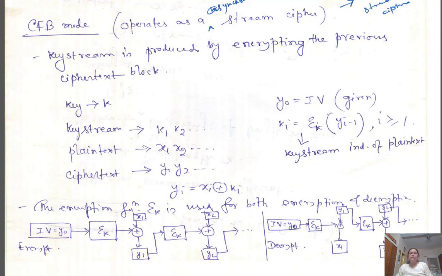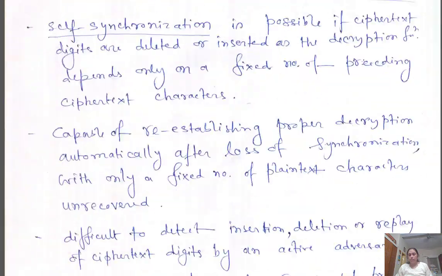In the general version of the self-synchronous stream cipher, we generate ki using T many previous values, yi minus 1, yi minus 2, up to yi minus T. In CFB mode we use only one value, just the previous iteration's yi minus 1. So the structure is the same; only in the general self-synchronous stream cipher, ki uses not only yi minus 1 but T many previous values, yi minus 1, yi minus 2, up to yi minus T.